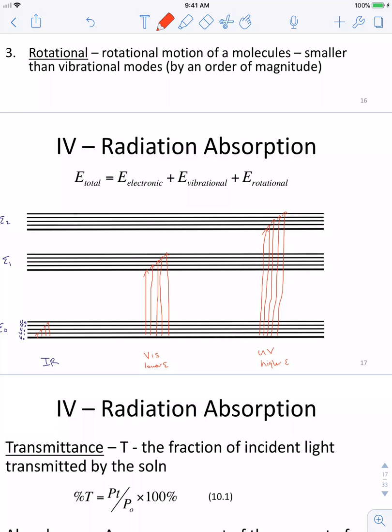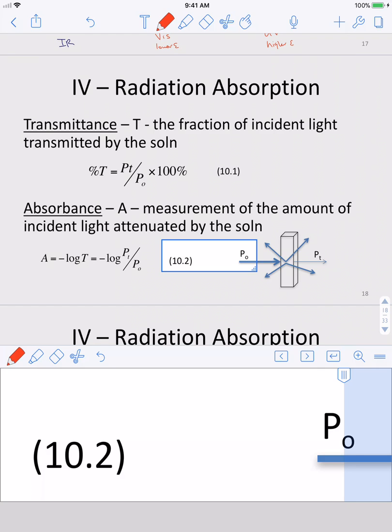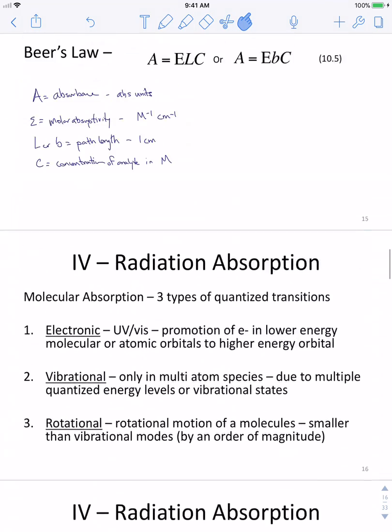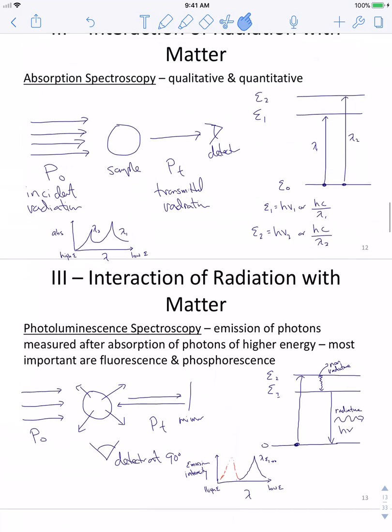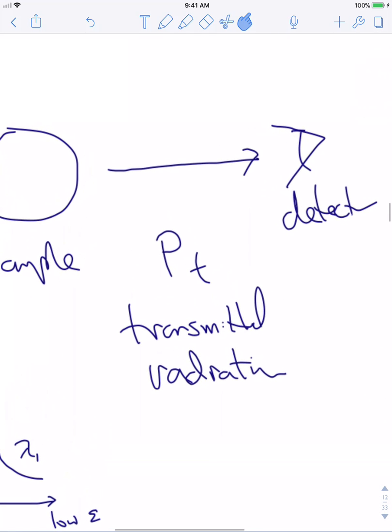A couple more definitions here. Transmittance, or T, is the fraction of incident light that is transmitted by the solution. If we think about our diagram from above, some of the light, P0, the incident light, goes through the sample and is attenuated, and some amount, PT, is transmitted.